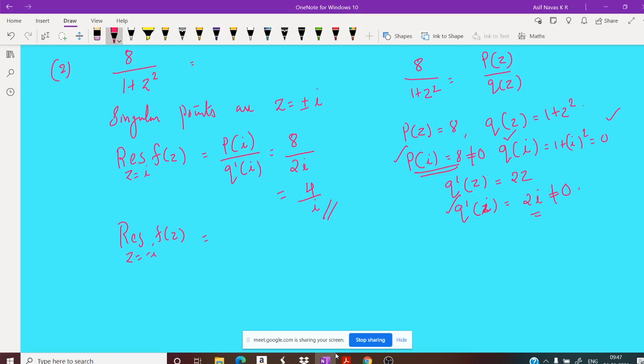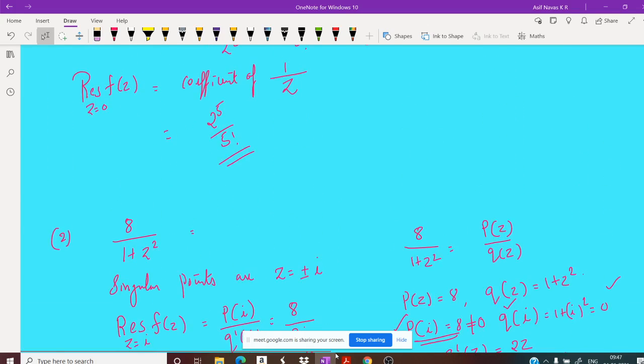Minus 4 by i. So why does that happen? We have P of minus i equal to 8. Q dash of minus i is equal to minus 2i, right? So that is 8 by minus 2i, which is equal to this.